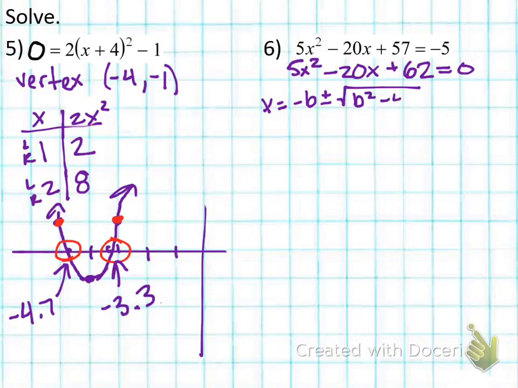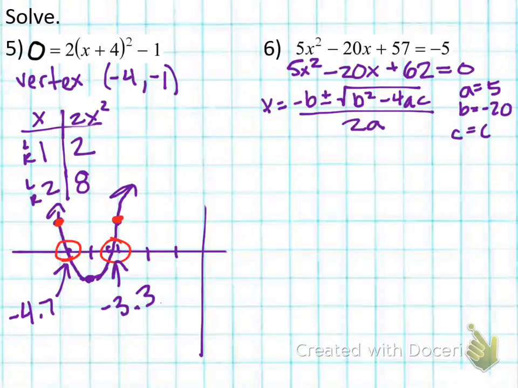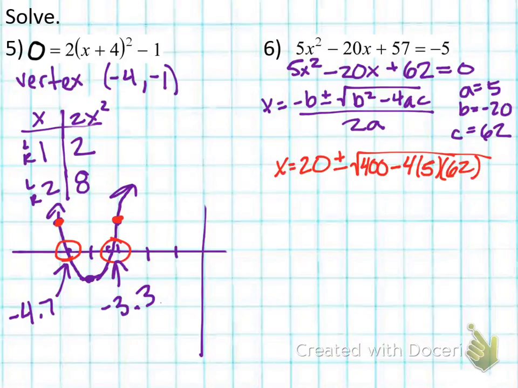which is this. And if I plug in the values for A, B, and C, I get x equals negative 20, so that's going to be just positive 20 plus or minus the square root of b squared, which would be 400, minus 4ac. A is 5, c is 62, all over 2a, which is 10.